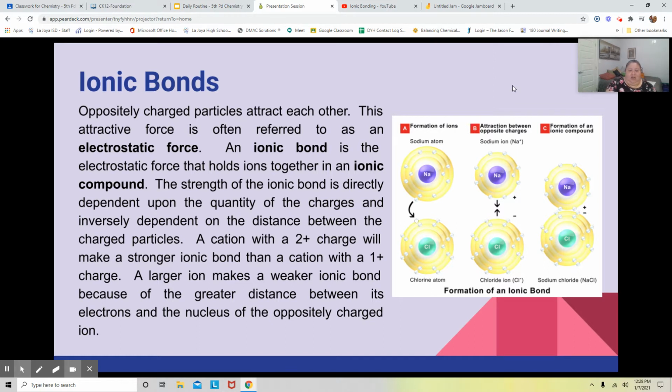For example, if you have a cation with a +2 charge, like all the group 2 elements, right? Anytime you have a group 2 element, you're going to probably lose those electrons and be left with a +2 charge. These group 2 elements make stronger ionic bonds than a cation with a +1 charge.